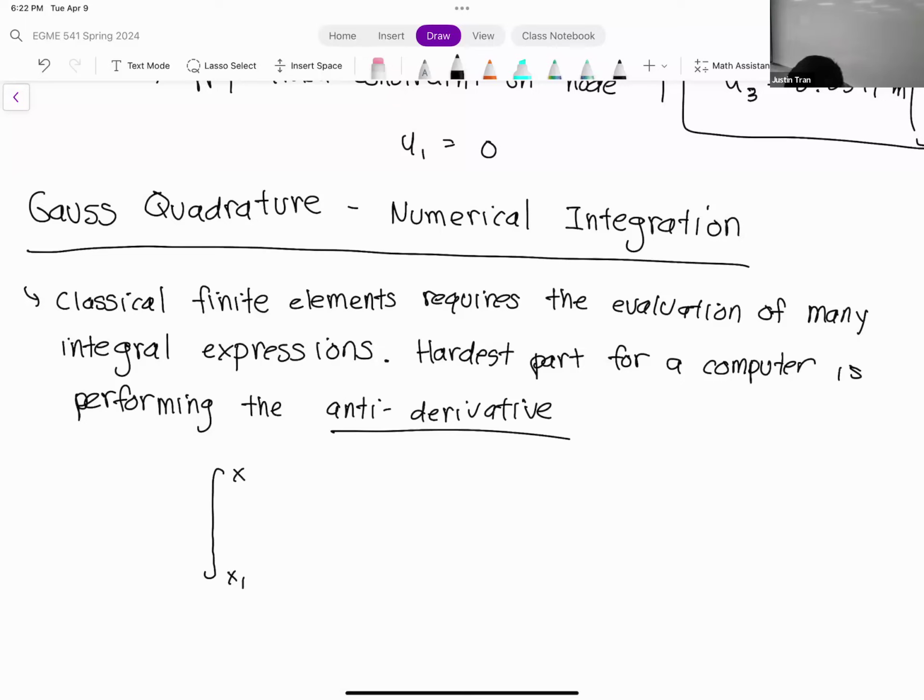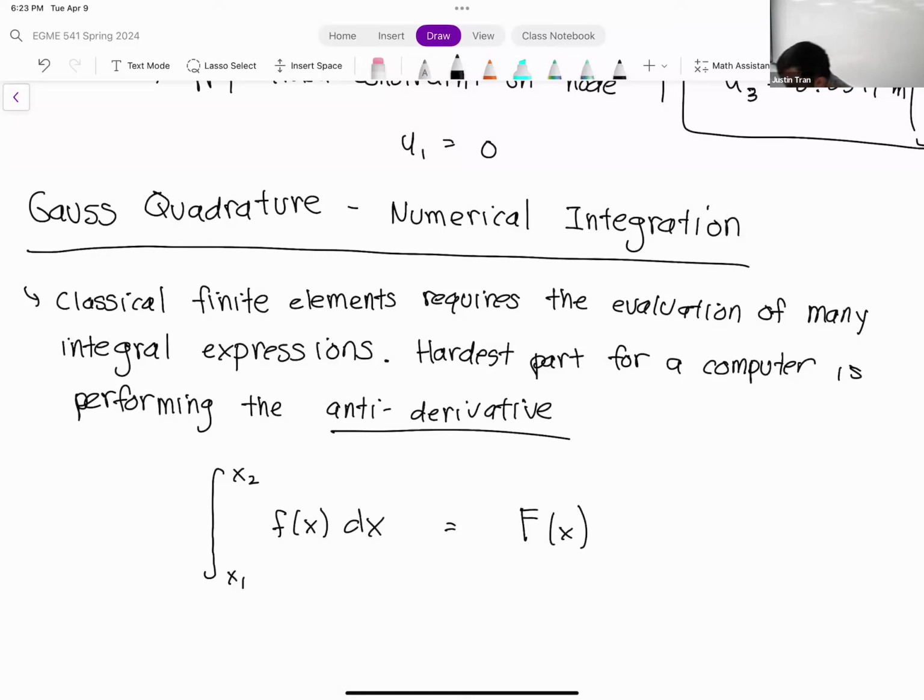Let's say we have an integral from x1 to x2 of some function f of x, dx. If we were to evaluate this integral in a classical way, we would perform the antiderivative on the function f, so we get some function big F of x.